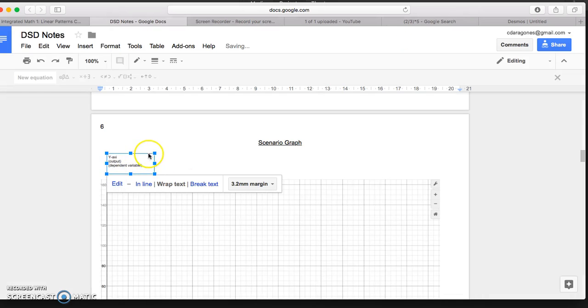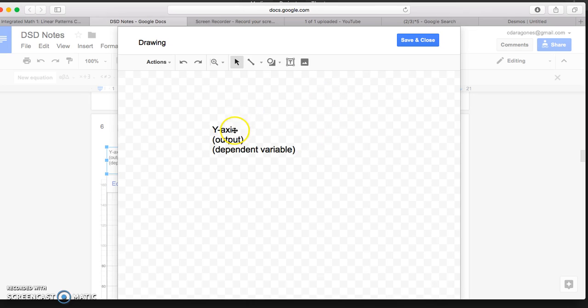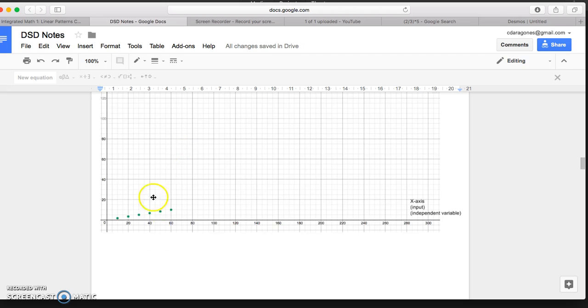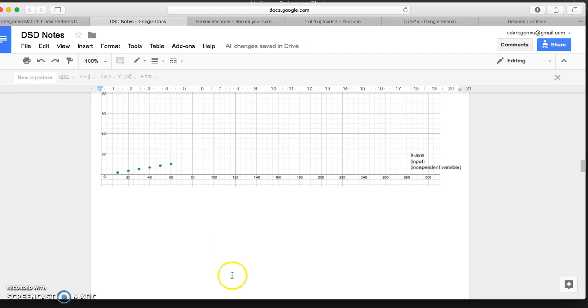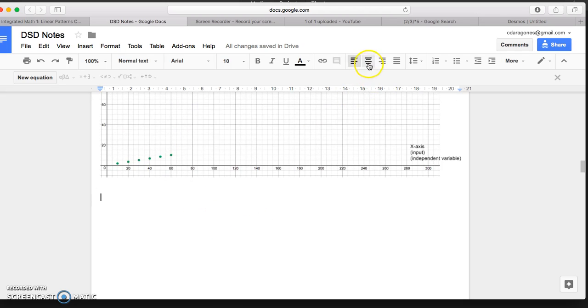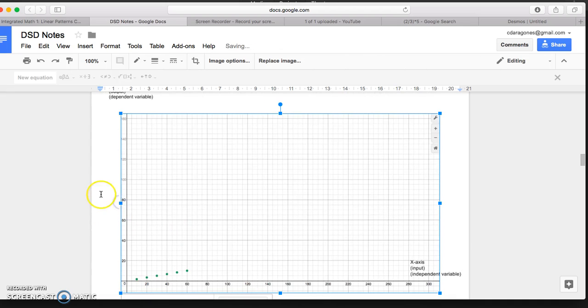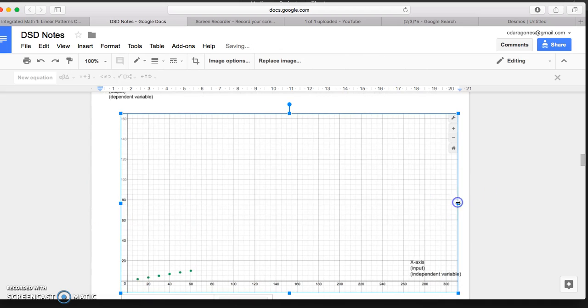Okay, so like we did with the ingredients, so we need to label the units. So I know that this is minutes of TV watched, right, is my x-axis. And then my y-axis, so I'm going to add a little room here.